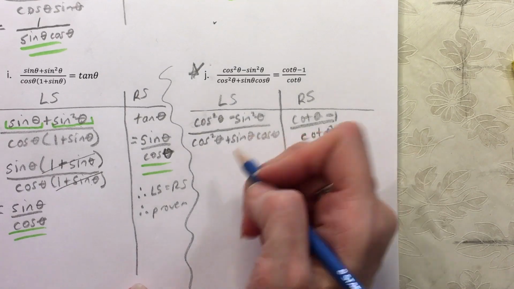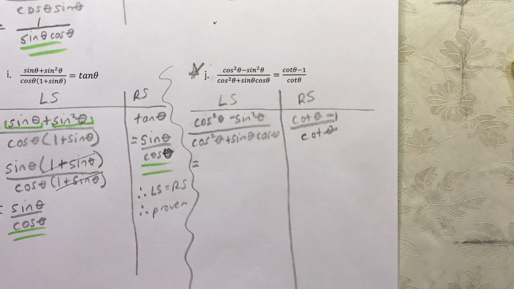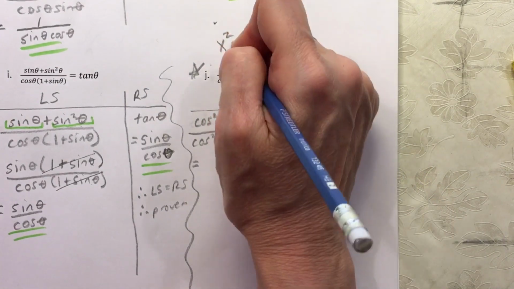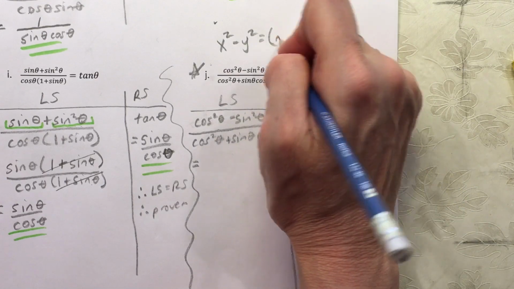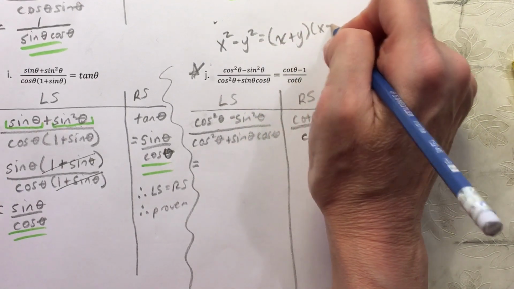When they look really complicated like this, we're hoping that they factor somehow. So cos squared minus sine squared, it's like a difference of squares again. It can be thought of as having x squared minus y squared, which factors to give you x plus y times x minus y.